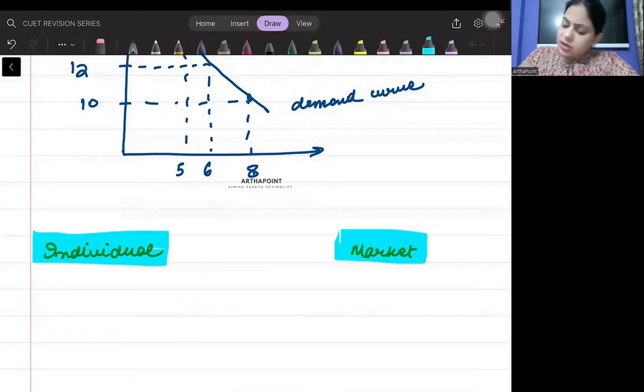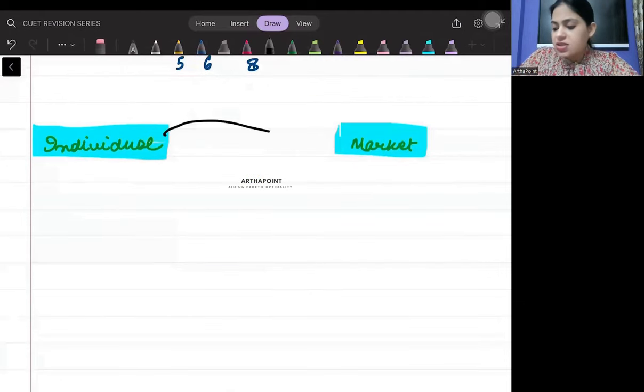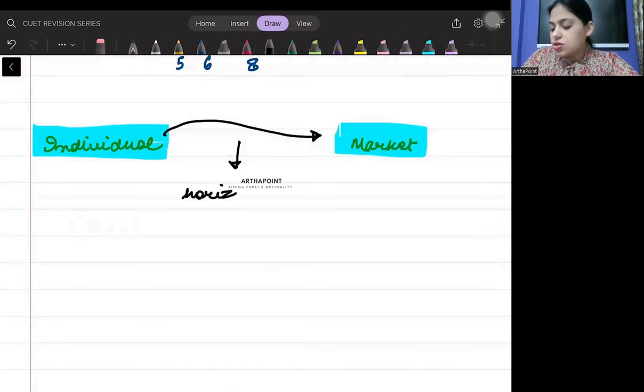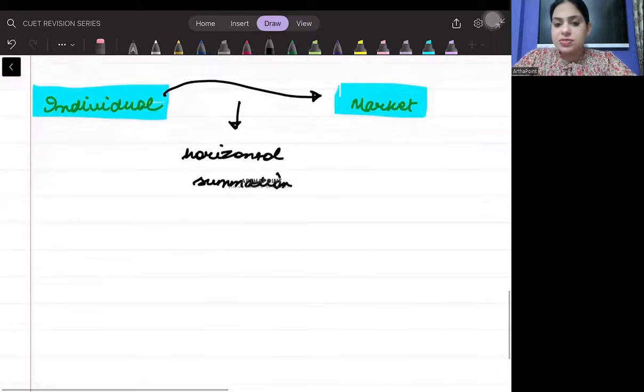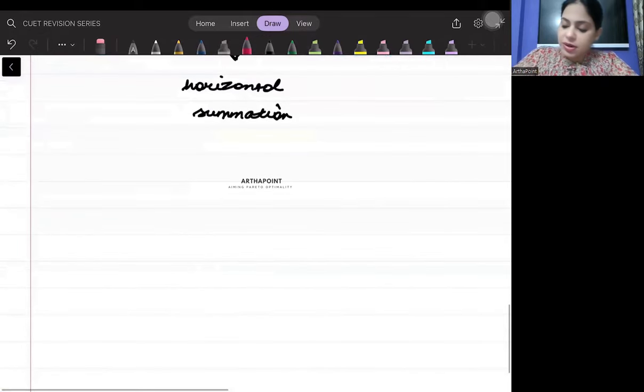Market demand curve can be attained by, ध्यान से सुनना मेरी बात, it can be attained by horizontal summation of individual demand curves.